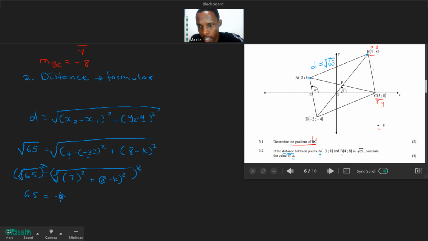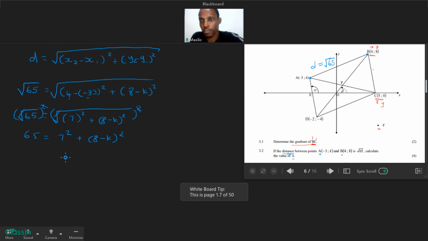Again, square root of 65 equals square root of 7 squared plus (8 minus K) all squared, which in this case will have 65 equals 7 squared, which is 49, plus (8 minus K) all squared. When we transpose this to this side, we have 65 minus 49 equals (8 minus K) all squared.